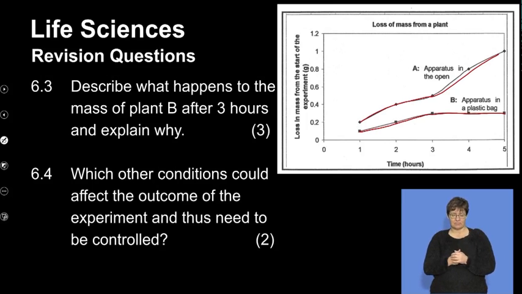And what you have to do is explain how plant B loses a little bit of mass because it loses some water, but then the plastic bag stops it from losing any more water because the concentration or the humidity in the plastic bag would be very high. Then 6.4, what other conditions might affect the outcome and thus need to be controlled? Those are all the other factors that affect osmosis, which is temperature, light intensity, and wind.